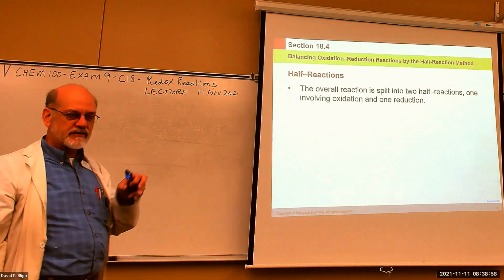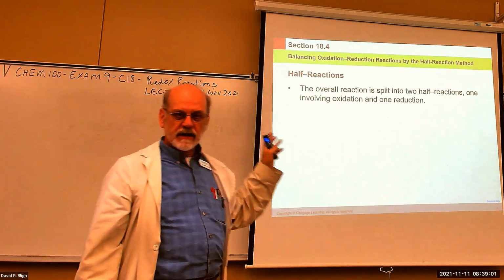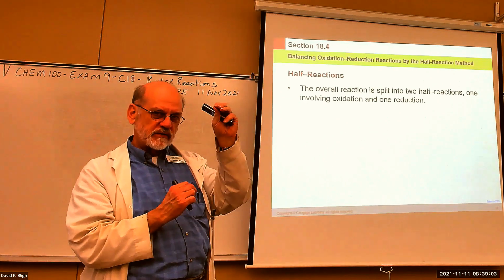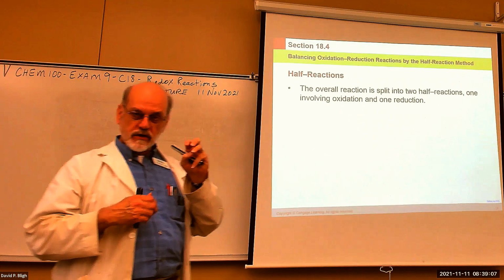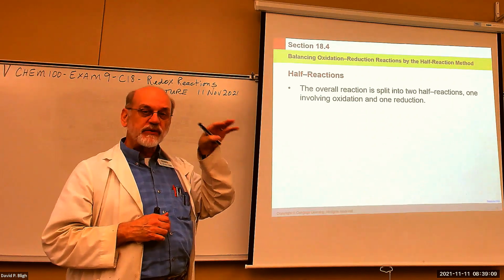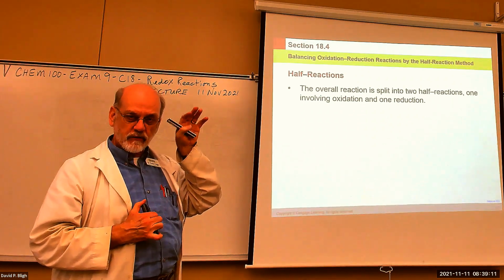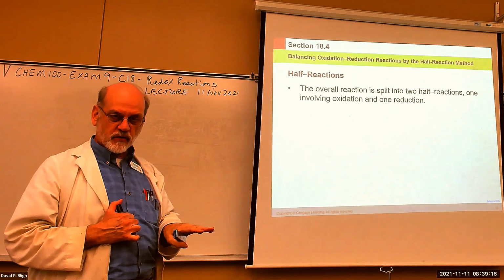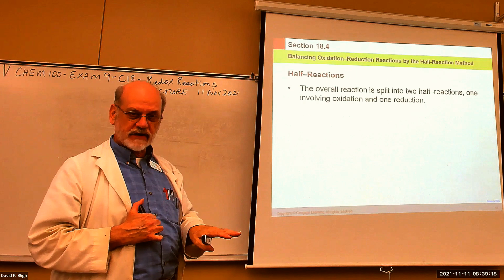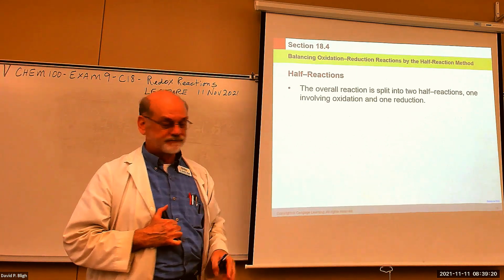In order to balance a given equation, you have to split it into two, called half reactions. In one reaction, you only put the species that are being reduced. And in the other one, you put the one that's being oxidized, what it ends up as.